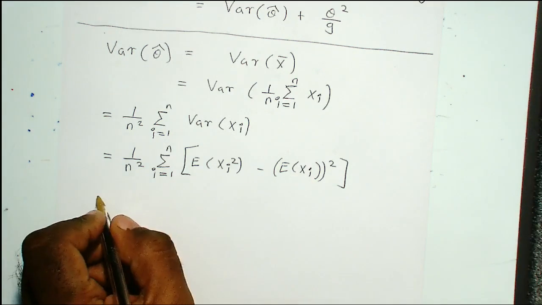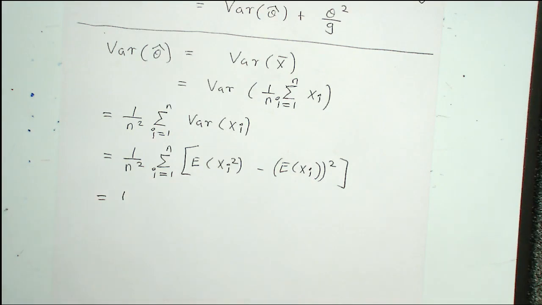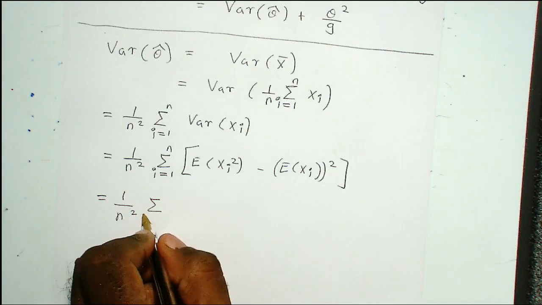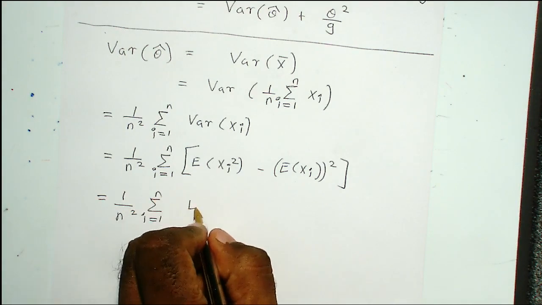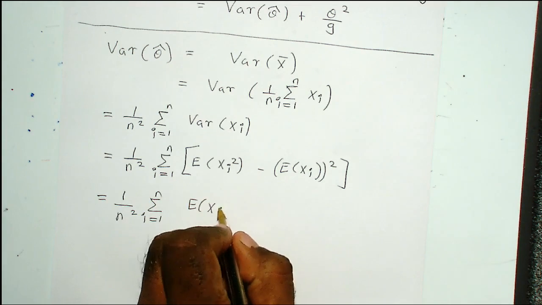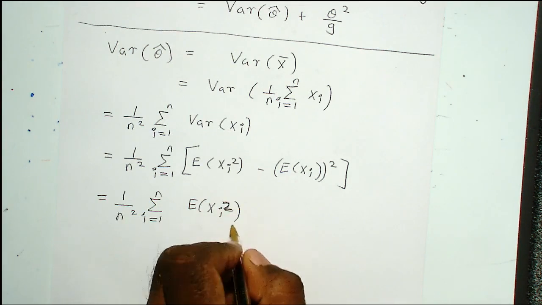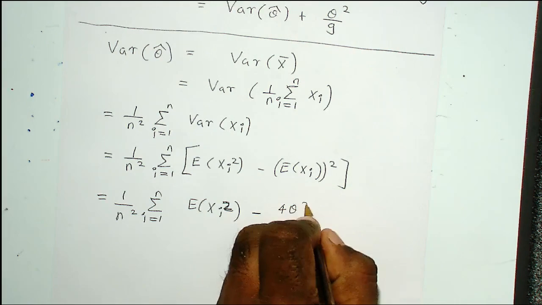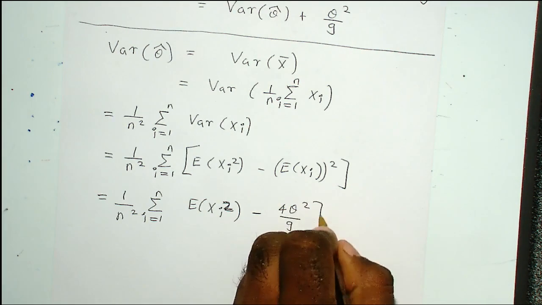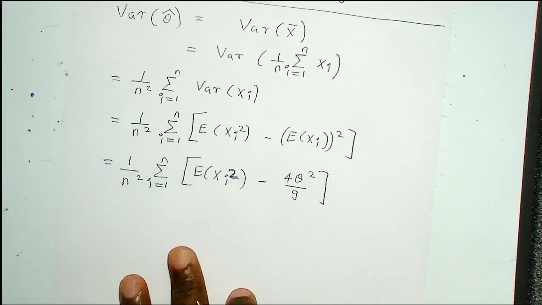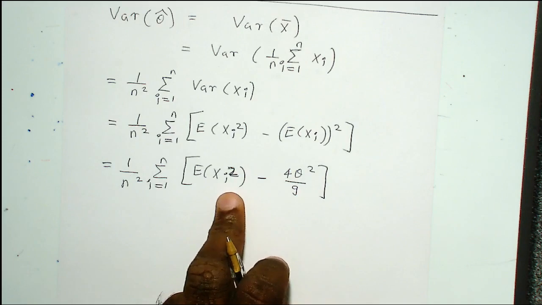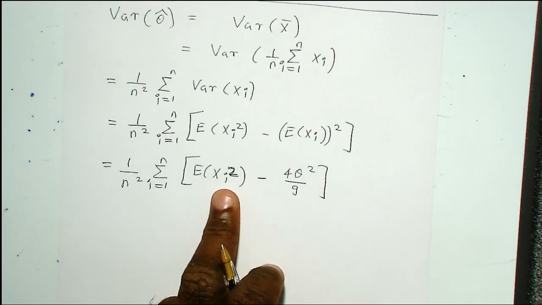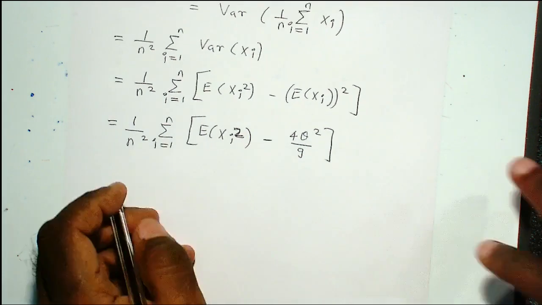So we know this guy. The square of this is 4 theta squared by 9. So all that remains to be done is to find the expectation of xi squared.